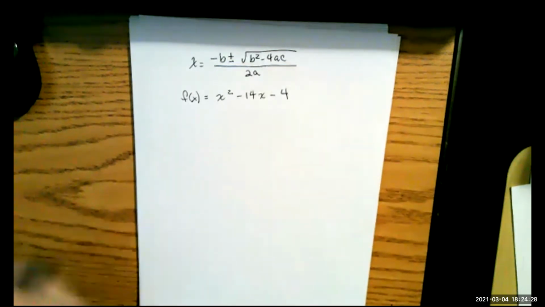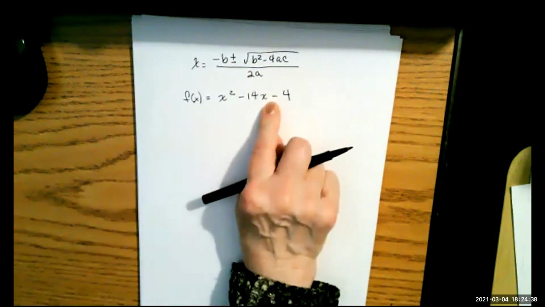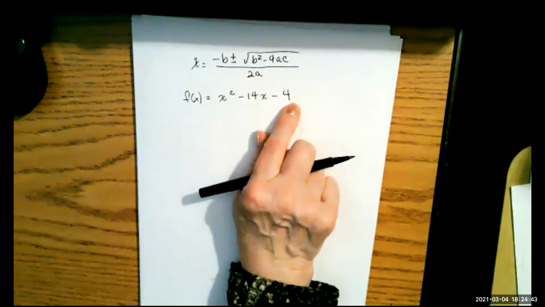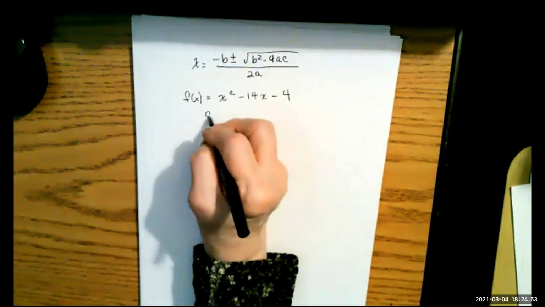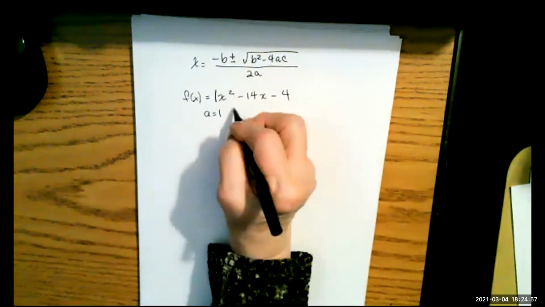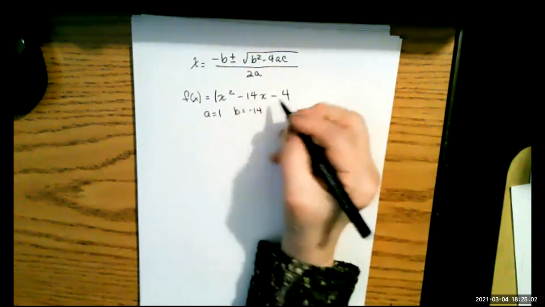Okay, so what I have here is x squared minus 14x minus 4. If I want to check really quick to see if I could factor it, I need to subtract factors of 4 to get 14. I can't. Factors of 4 are 4 and 1 or 2 and 2. If I subtract those, I don't get 14. So that's not going to work, and my choice is to use the quadratic formula. A is 1, the coefficient of x squared. B is negative 14, the coefficient of the x.